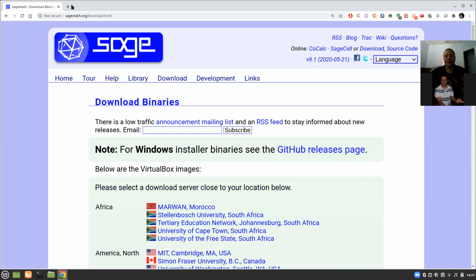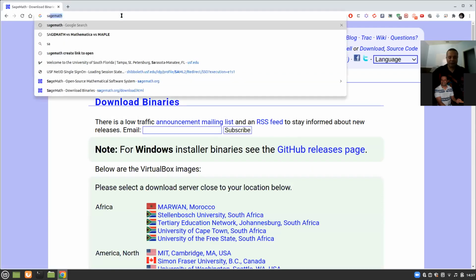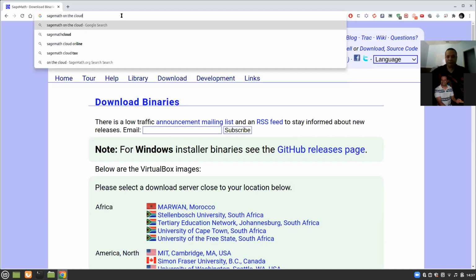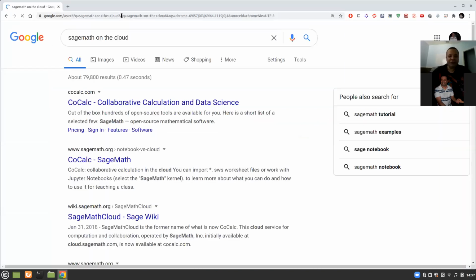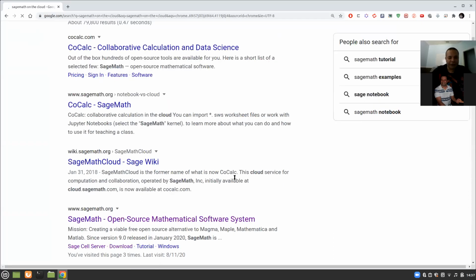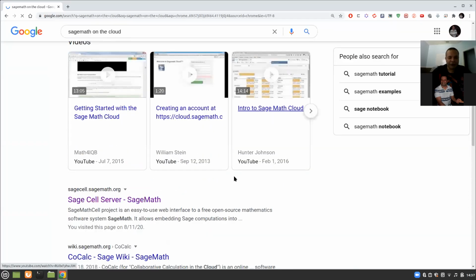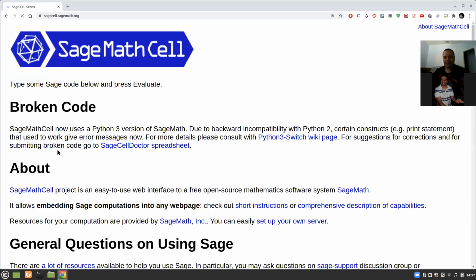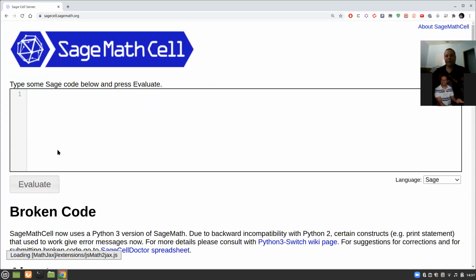And if you don't even want to do that, you can use the Sage Cell Server, which is the one I'm choosing, and I can solve it. Now, I could actually solve this whole equation on there.